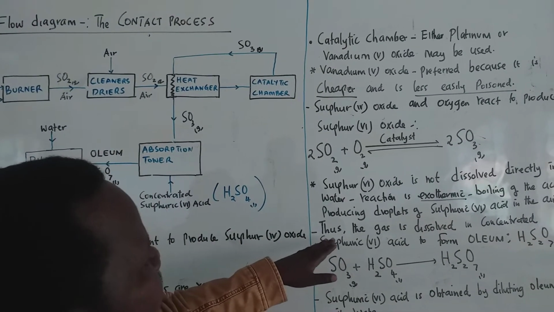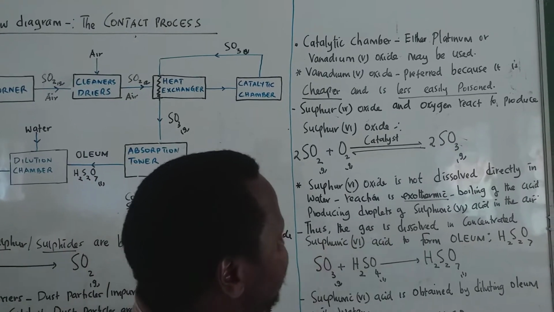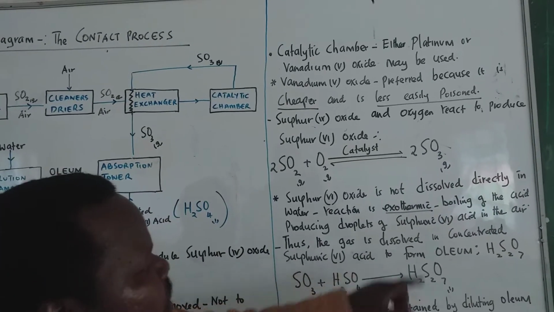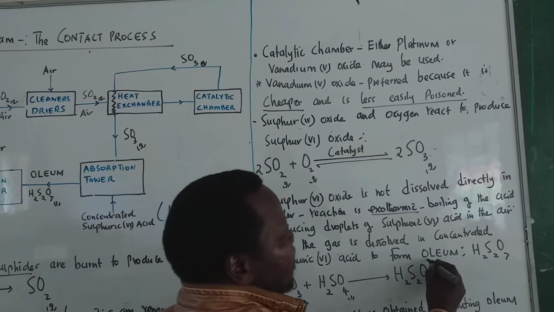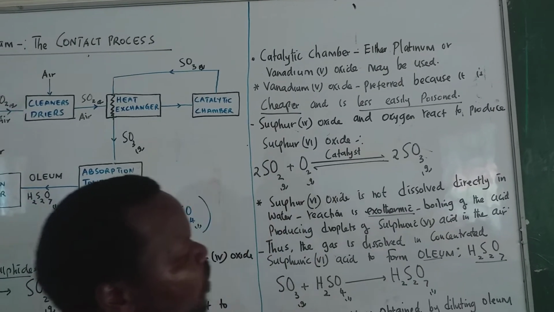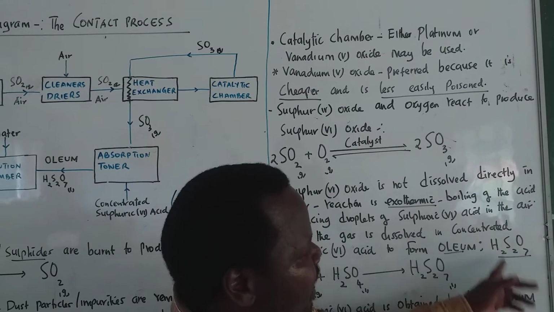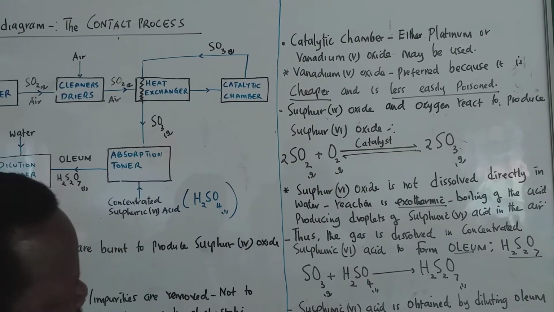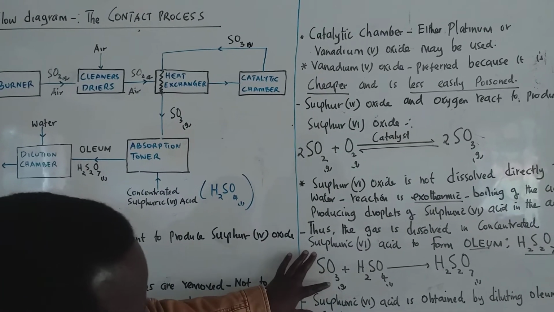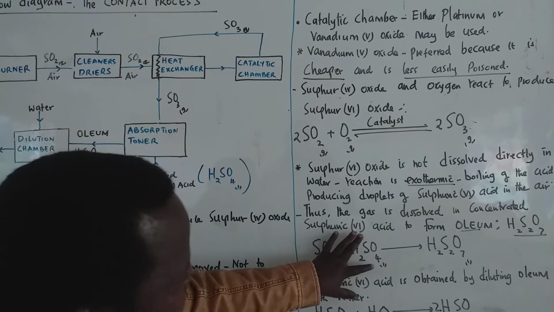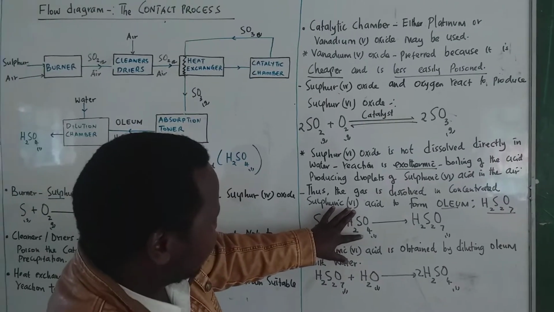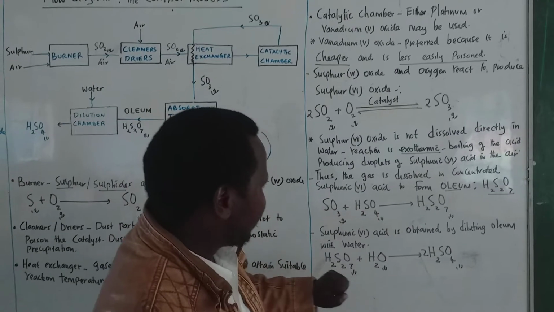However, the gas is dissolved in concentrated sulfuric acid to form oleum, an oily liquid with the formula H2S2O7, and this is the equation for that reaction: sulfur 6 oxide with sulfuric acid to produce oleum.